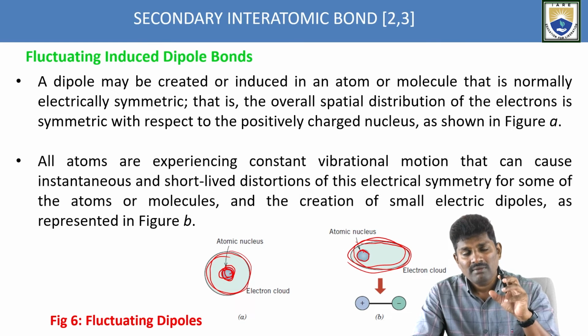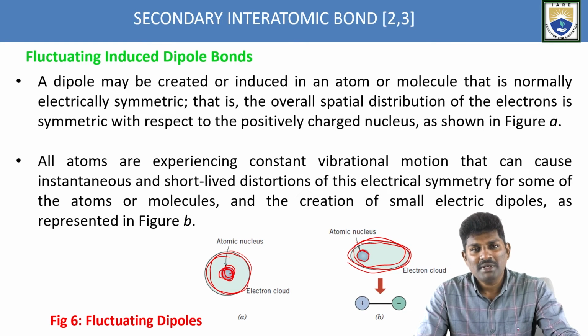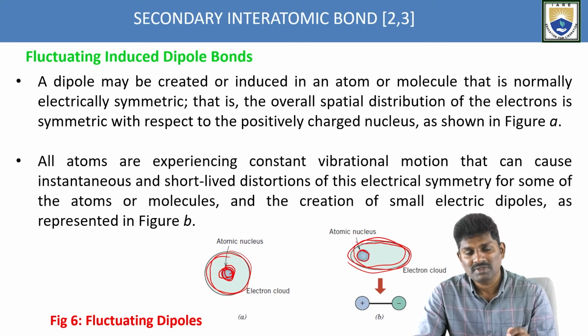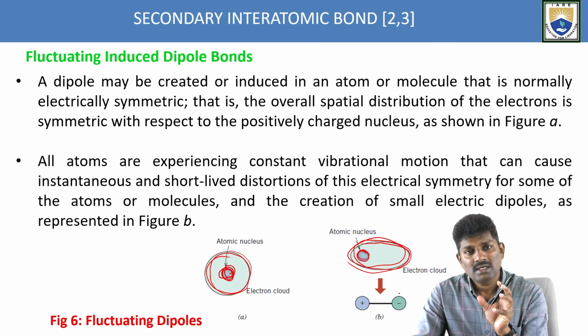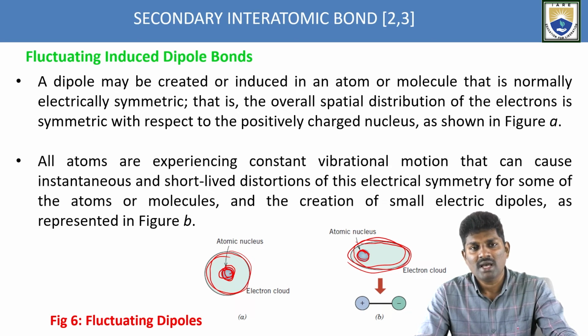That's why, when you compare with the primary bonding, the secondary bonding is weak: because of this variation, the nucleus is moving very far away. So the orientation is changing, and there is a lower bond energy in this secondary bonding when you compare with the primary bonding.